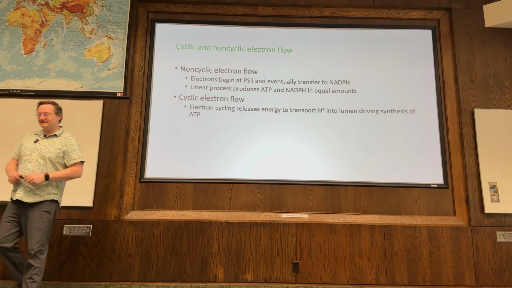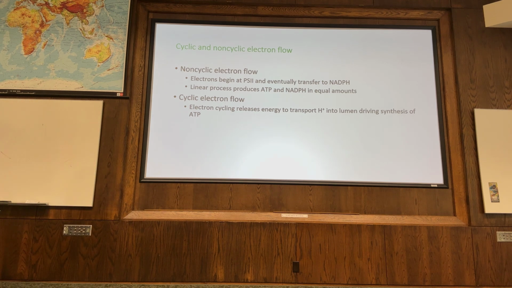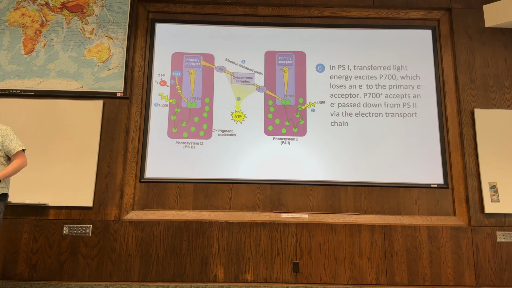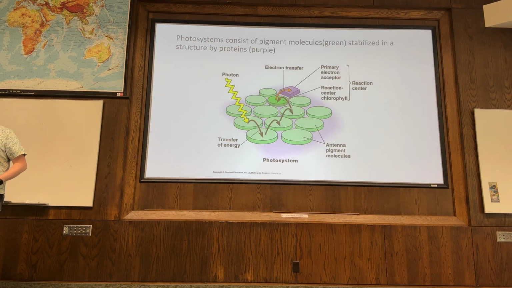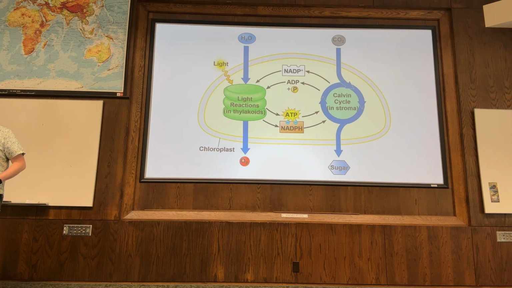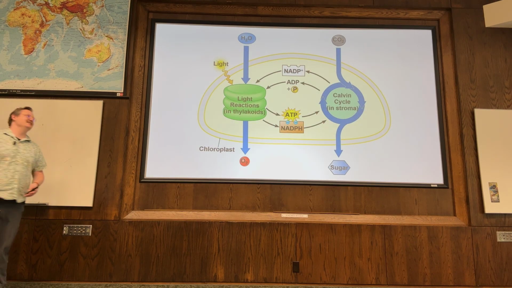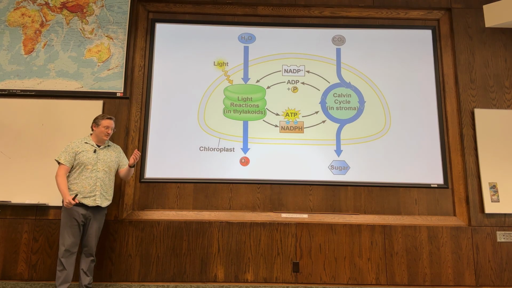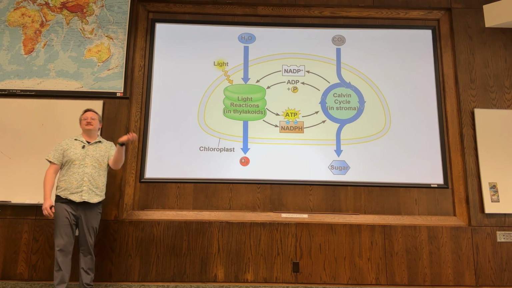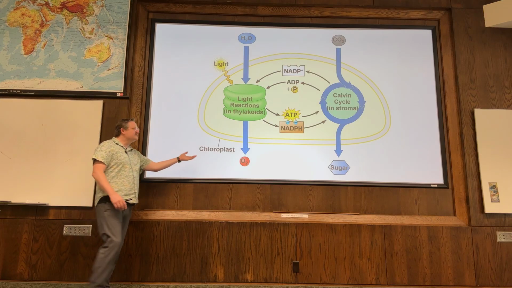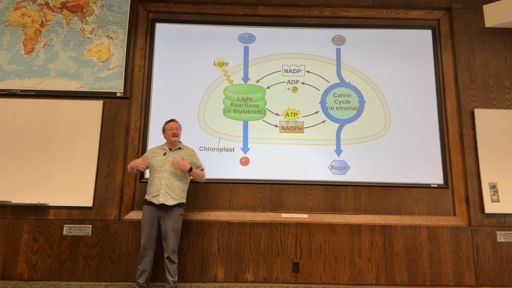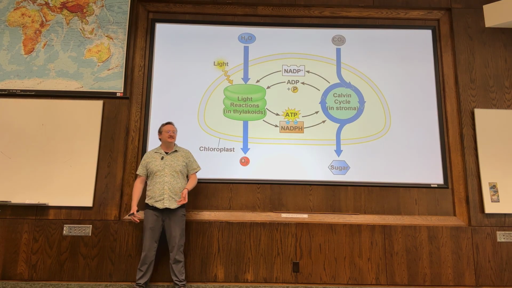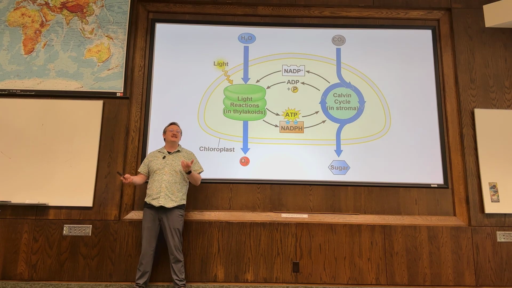Yes, please. Would you have to memorize all the steps? Oh, no. For anybody listening to the recording, the question was, do I want you to memorize all the steps? No. But I want you to memorize what photosystem 2 does, what photosystem 1 does, where the oxygen comes from, where the ATP comes from, cyclic versus non-cyclic electron flow, which thing carries it out, where the NADPH comes from.